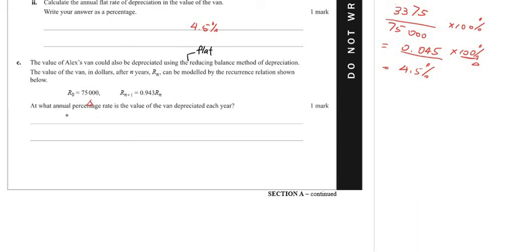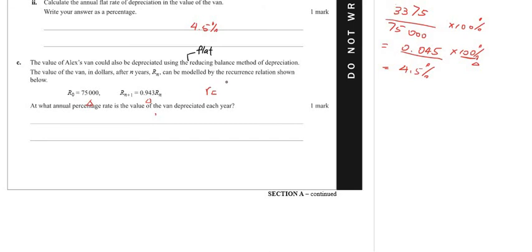So now it's asking at what annual percentage rate the value of the LX1 depreciates each year. A common mistake is to just put the R over here. For my geometric sequence, I know that my R is the ratio of the later term over the previous term.